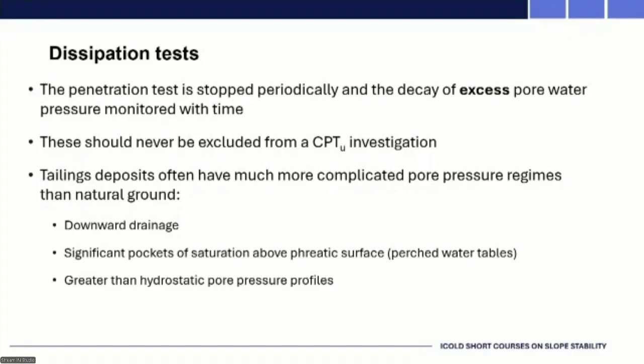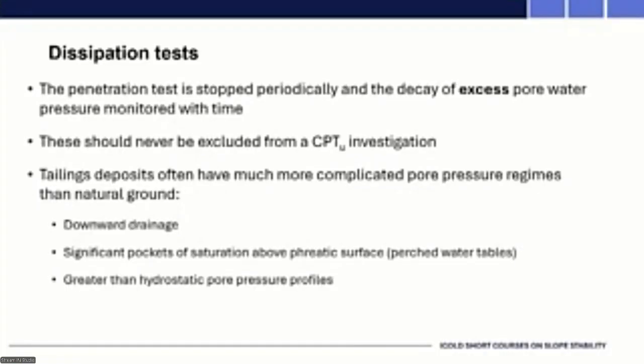I've never understood the need for that. I think often you do one CPT and you determine where you want to do the dissipation tests in future, because there might be a layer that's clearly really low tip resistance. So you might pick a few points for doing your dissipation tests. They can be quite time consuming, so why would you do it every meter if it's not necessary?